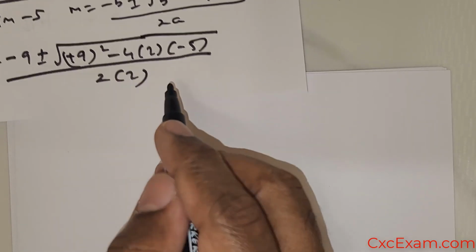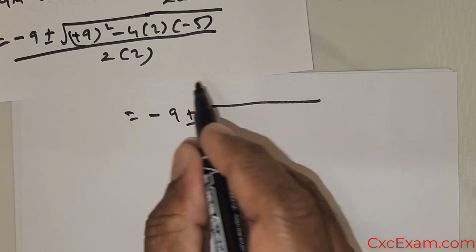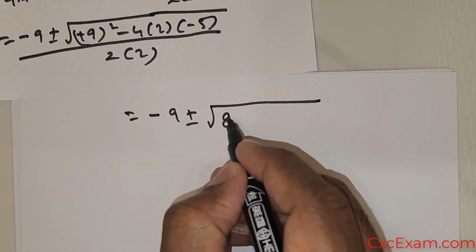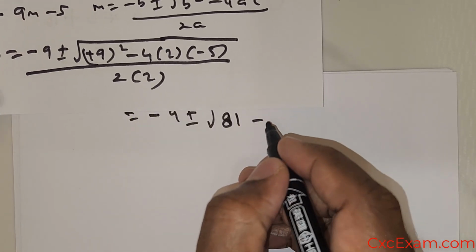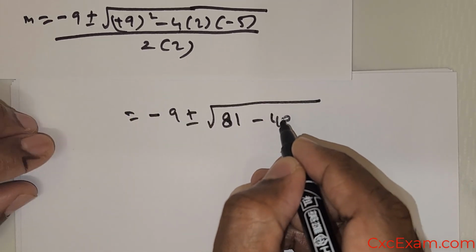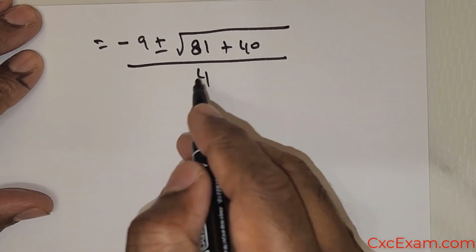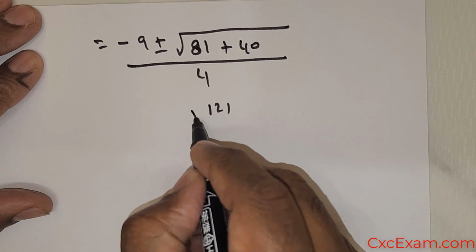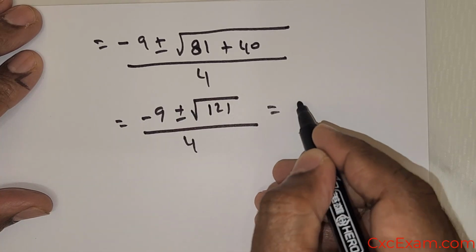Now you evaluate these values. So negative 9 plus or minus 9 squared is 81, negative positive, 4 times 2 is 8, 8 times 5 is 40. So divided by 2 times 2 is 4. This would give you 121. So root of 121, plus or minus, 9 with a negative sign, divided by 4.